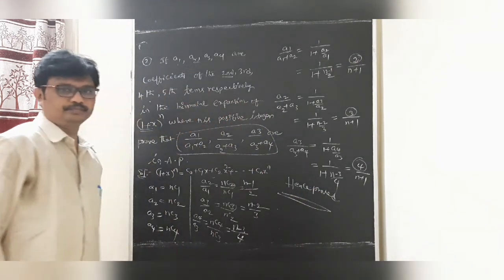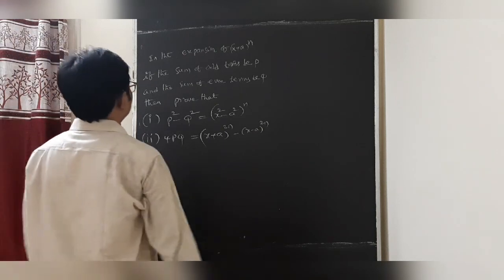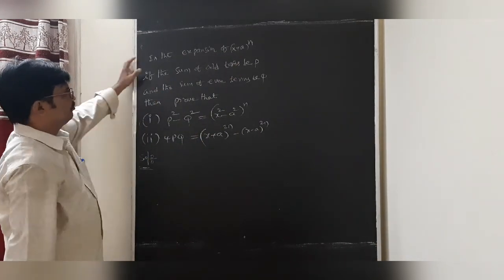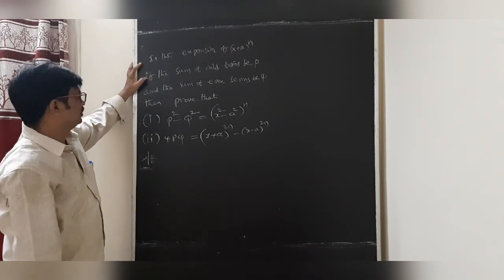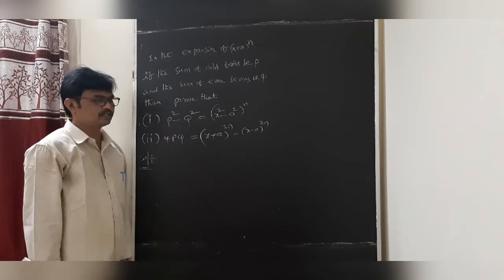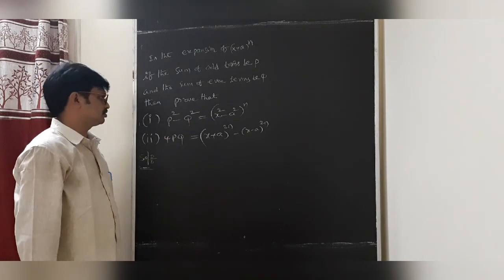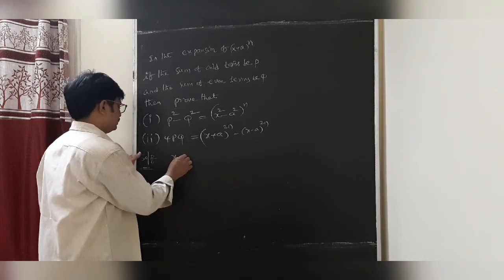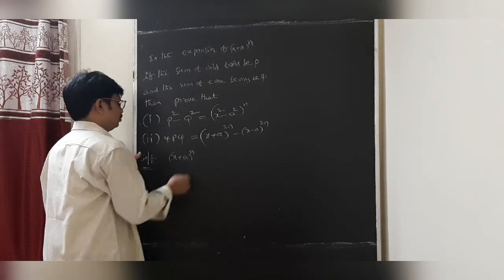Dear students, in the expansion of (x plus a) whole power n, if the sum of the odd terms is p and the sum of the even terms is q, then prove that p square minus q square equals (x square minus a square) whole power n. So students, all of you observe (x plus a) whole power n.